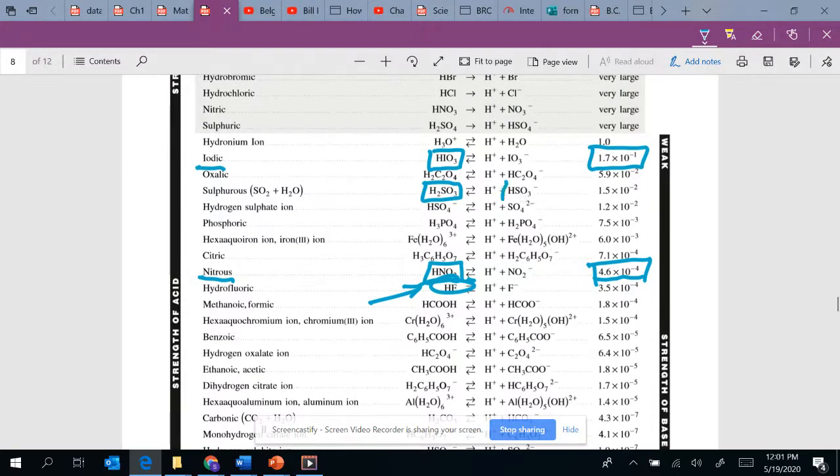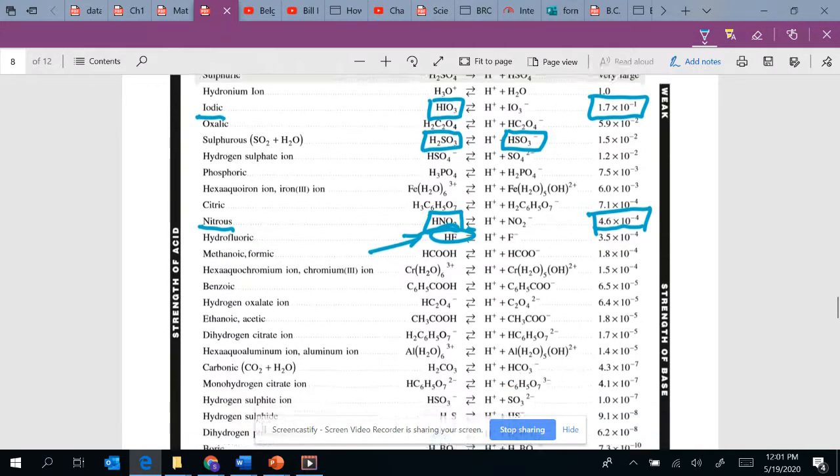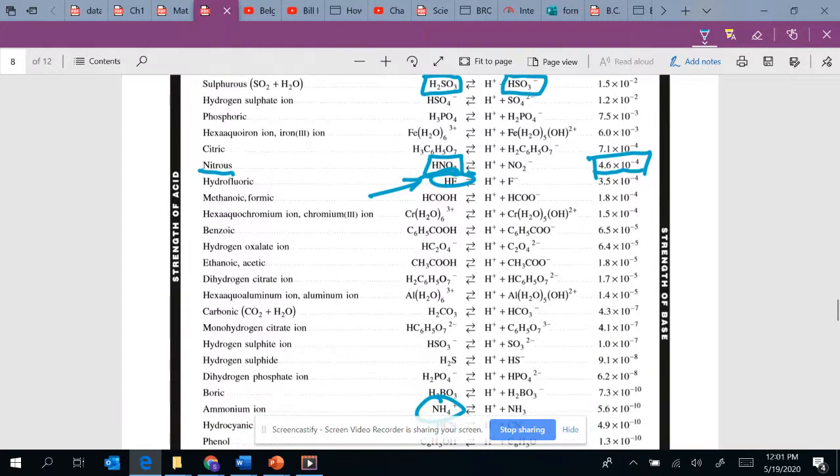We see an HSO3 right here, but this is on the base side, so we cannot look at that one. We're comparing the acids, so we have to find the HSO3 on the acid side, which is right there.